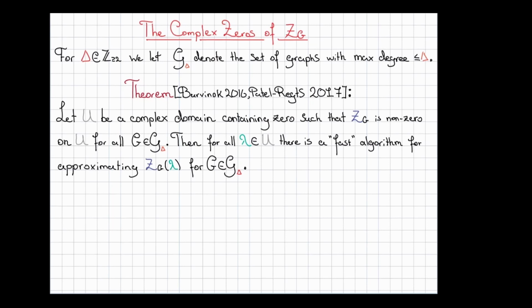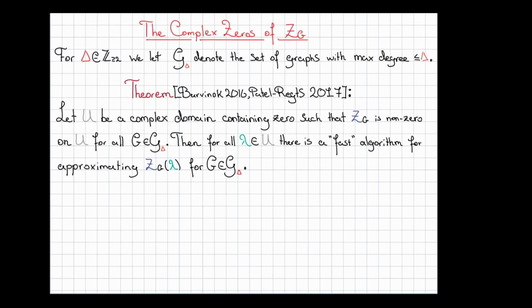So this also says something about the real parameters within that domain, but also about the complex parameters in that domain. So this is a fast algorithm, meaning a polynomial time algorithm in the size of the input graph and the epsilon with which you want to approximate it.